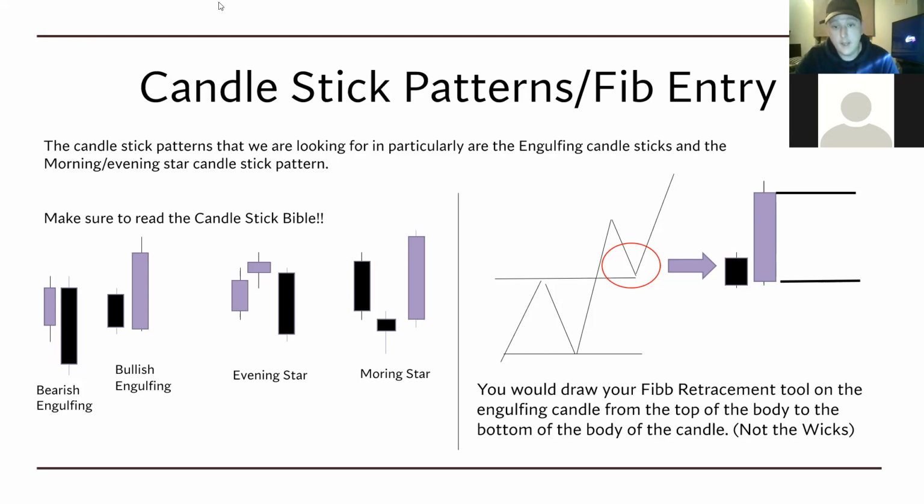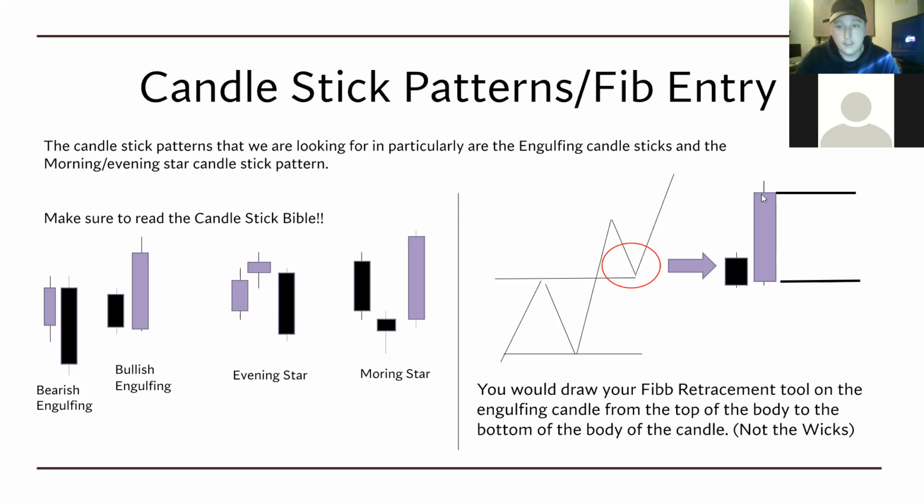And then in regards to where you would draw your Fibonacci tool, you would draw your fib retracement tool on the engulfing candle. So say you had a bullish engulfing candle, you would draw the Fibonacci from the top of the body, not the wick, down to the bottom of the body of the candle, not the wick.